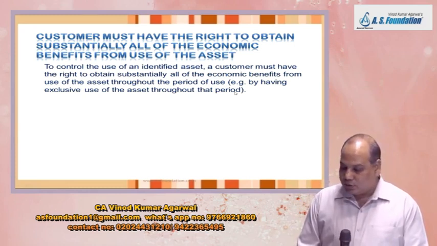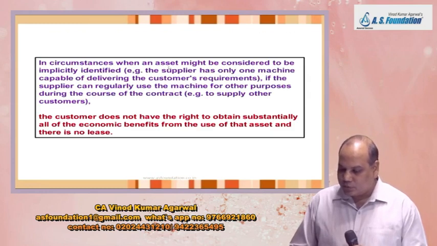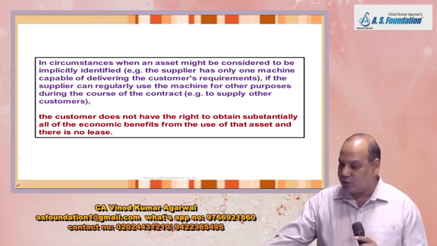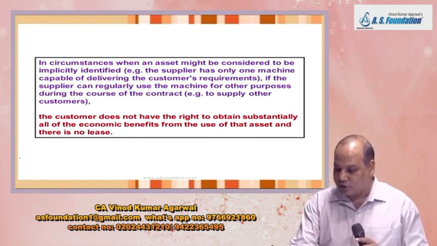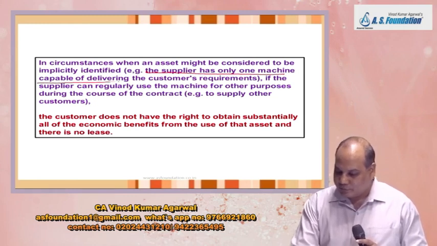In circumstances when an asset might be considered to be implicitly identified, for example, the supplier has only one machine capable of delivering the customer's requirement. This we discussed in the beginning, how to identify an asset, either explicitly or implicitly.